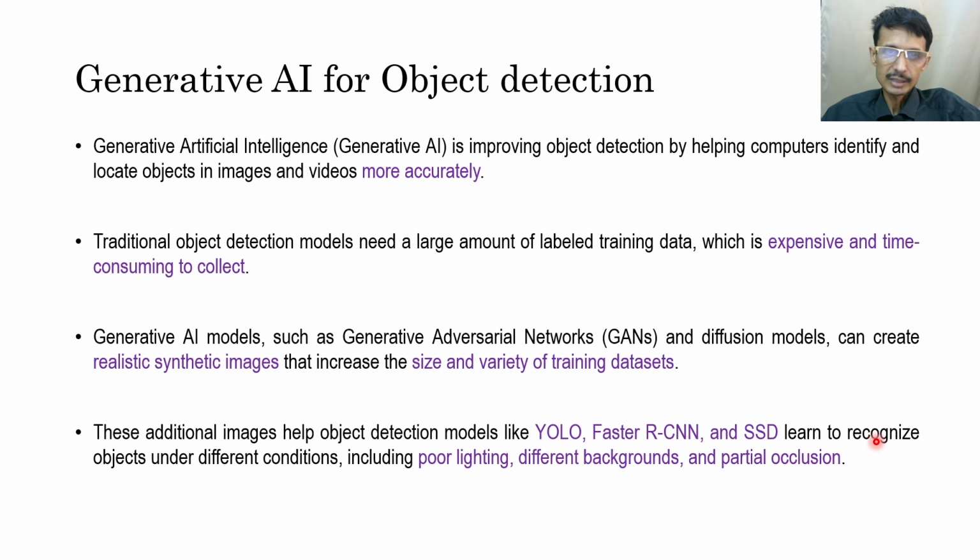One thing you have to understand is that getting suitable annotated training images with attributes like poor lighting, different backgrounds, and partial occlusions is not always very easy. But if we can generate these scenarios synthetically, then we can very easily get plenty of images like this. And generative AI helps with this object detection problem in this particular task.